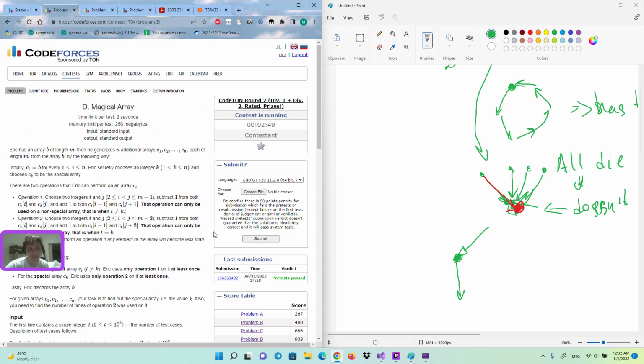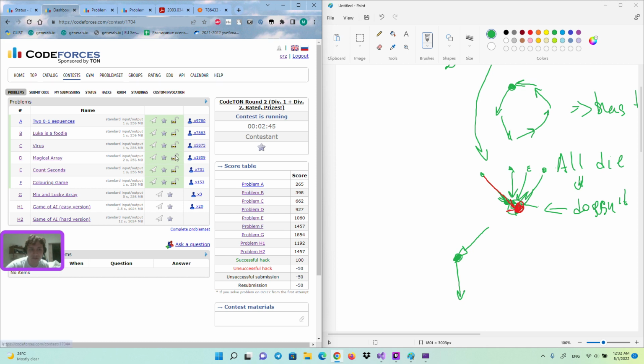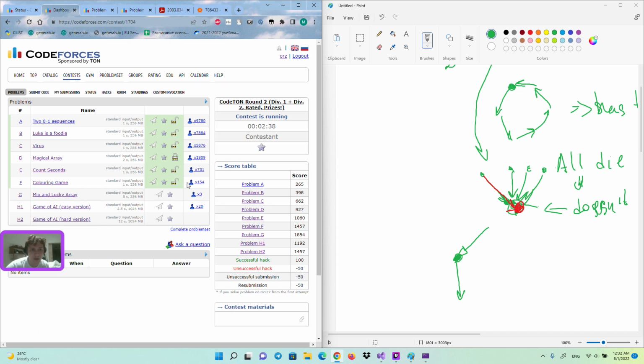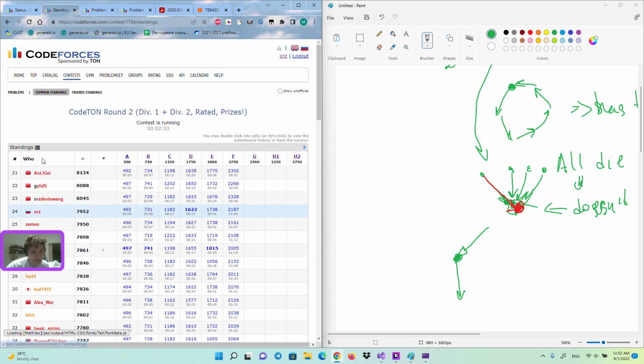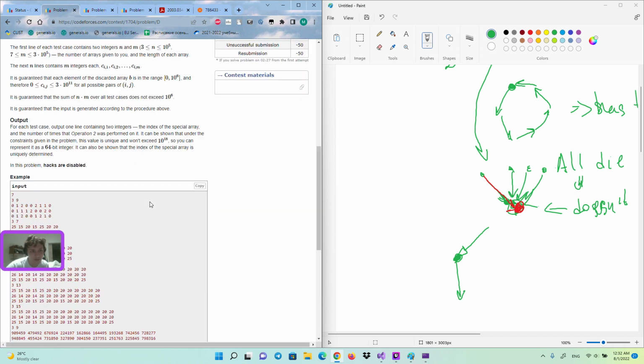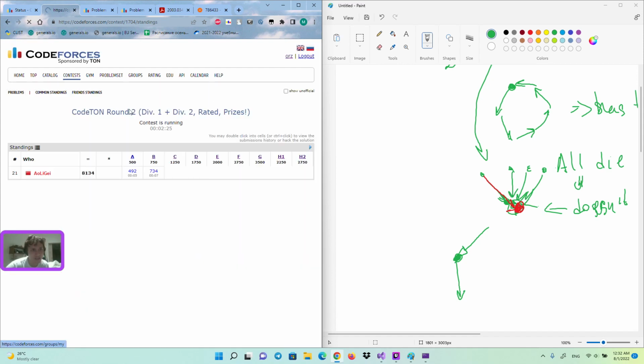It's a fine decision. Can I lock the problem if the hacks are disabled? Oh, I did it. And still, I cannot hack in D, but I managed to lock it.